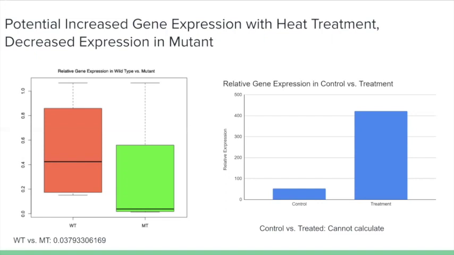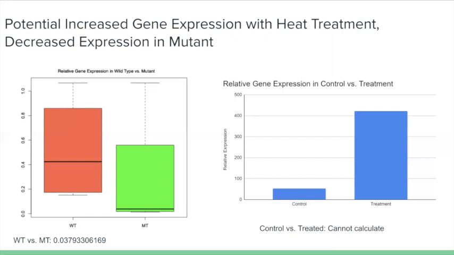And our second figure compares our relative expression in our treated plants, so the plants that were grown for 3 hours under heat conditions, compared to our control plants. And we can see that the treated plants showed a substantially higher level of expression compared to our control.